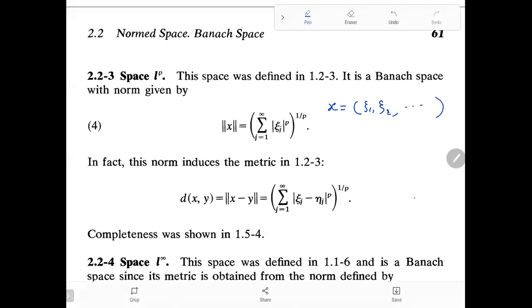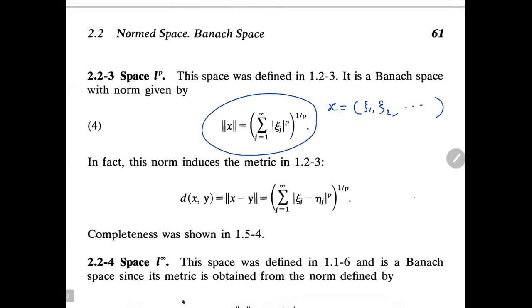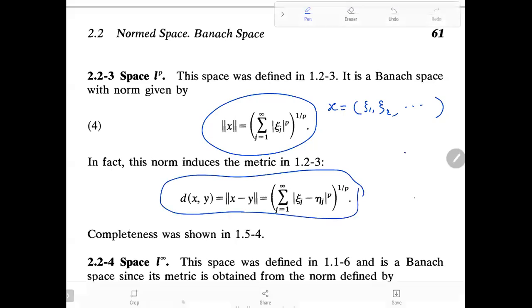So you can define the norm by this formula. The metric induced by this norm is equal to this one. So this is the metric we considered in chapter number 1.